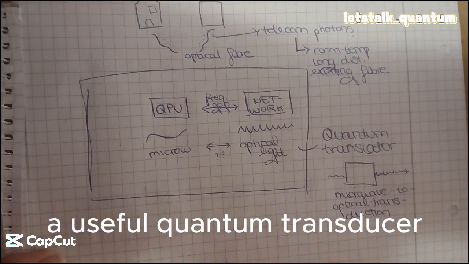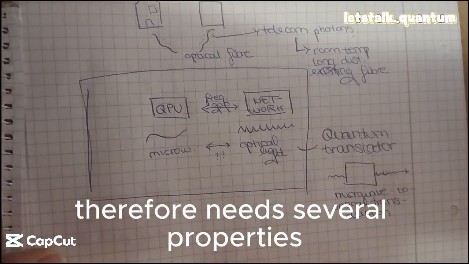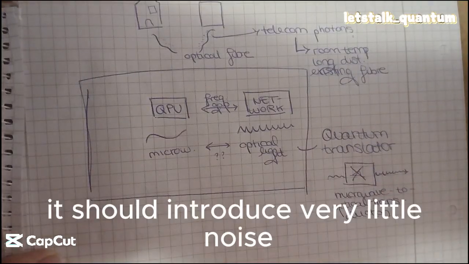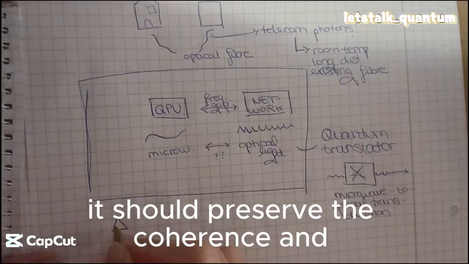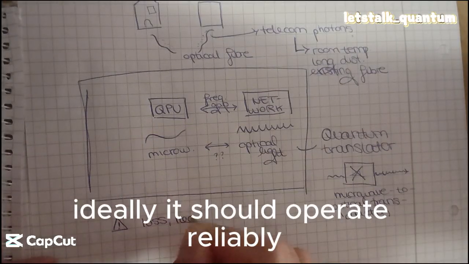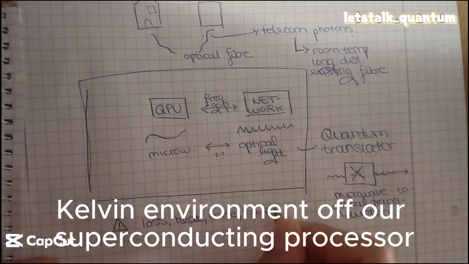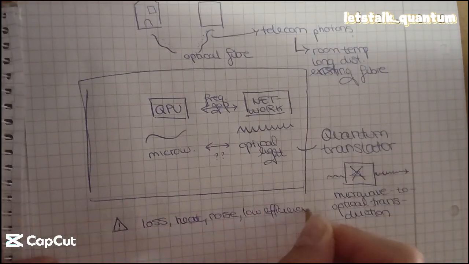A useful quantum transducer therefore needs several properties. It should convert photons with high efficiency. It should introduce very little noise. It should preserve the quantum coherence and, ideally, it should operate reliably, and it should not heat the millikelvin environment of our superconducting processor.